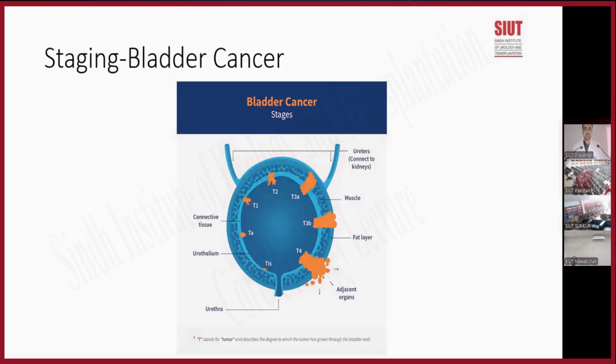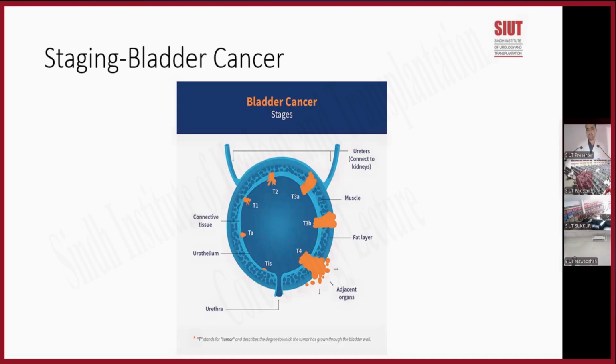Ta is when it crosses the urothelium to the lamina propria, and T1 is when it crosses lamina propria to muscle. T2 is also when it crosses to the muscle, and T3 is when it crosses muscle and is confined to the bladder wall.